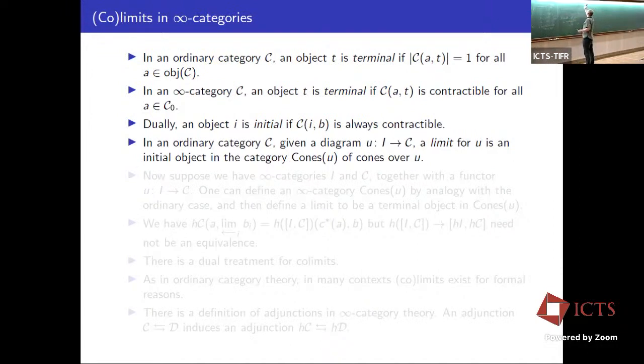A cone on U is a pair (A, F), where A is in C, and F is a family of morphisms.